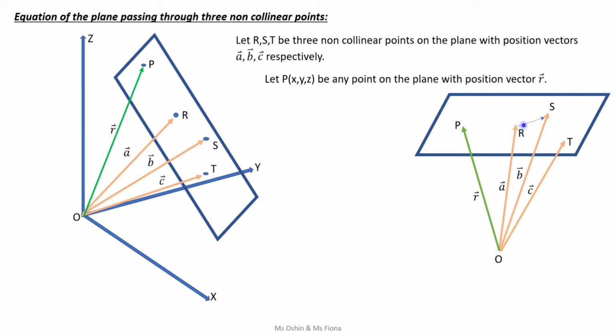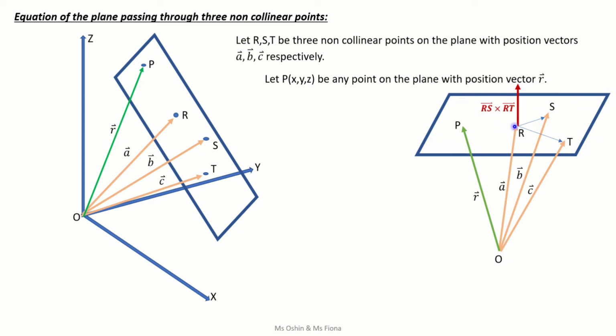Observe that vector RS and vector RT are both perpendicular to vector RS cross RT, because we know that the cross product of two vectors is perpendicular to both the vectors. Hence, vector RS cross vector RT forms the normal to the plane.